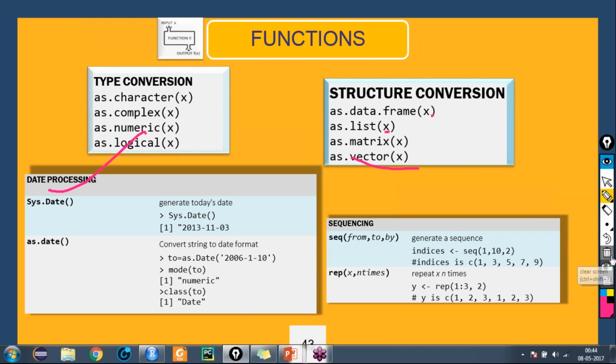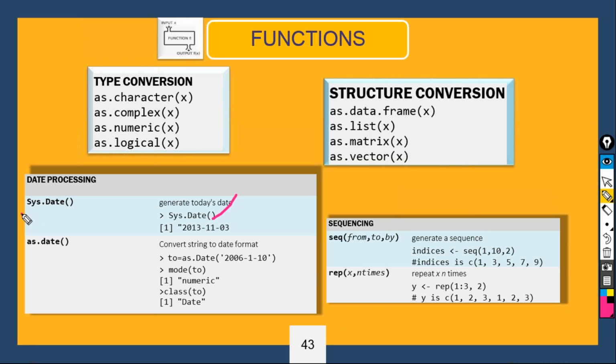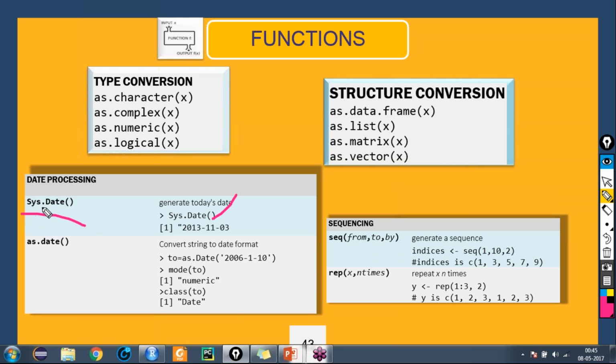Okay, date processing. A basic thing people ask is, we can write a date, but how to write it? The simple way is this statement: Sys.Date(), remember capital S, small y, s, dot, capital D, and braces.